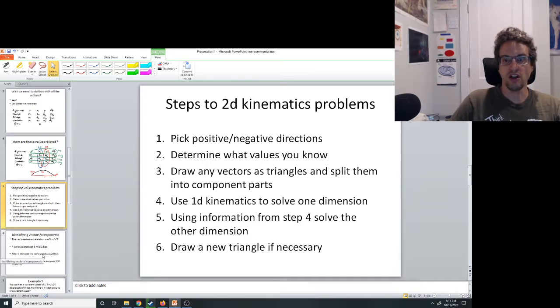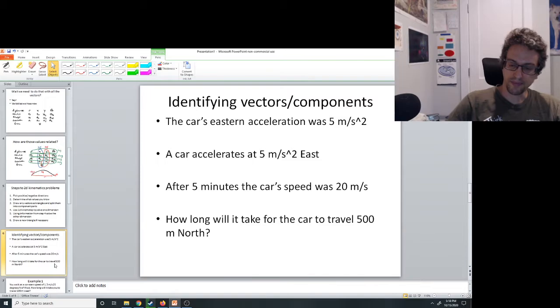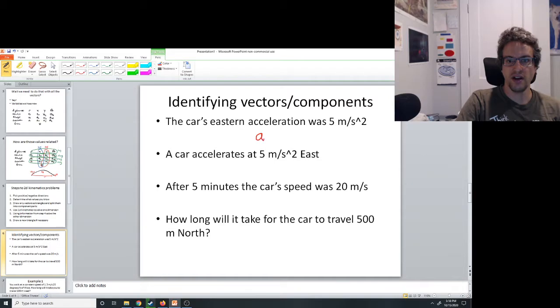It used to be that if you saw acceleration, it was just acceleration. But now, if I tell you the acceleration, which of these accelerations am I telling you? All right, so let's talk about that. In this case, the car's eastern acceleration was 5 meters per second squared. In this case, I am telling you about ax equals 5.